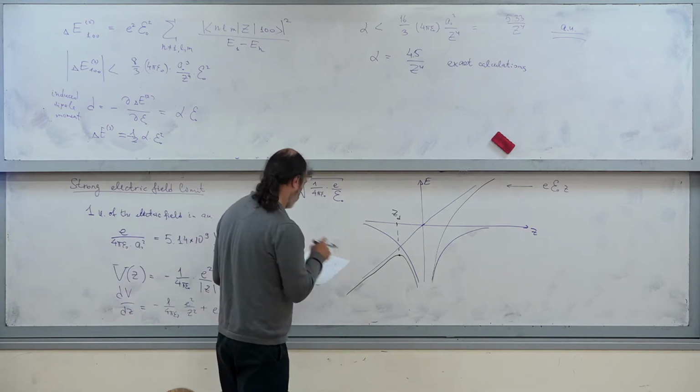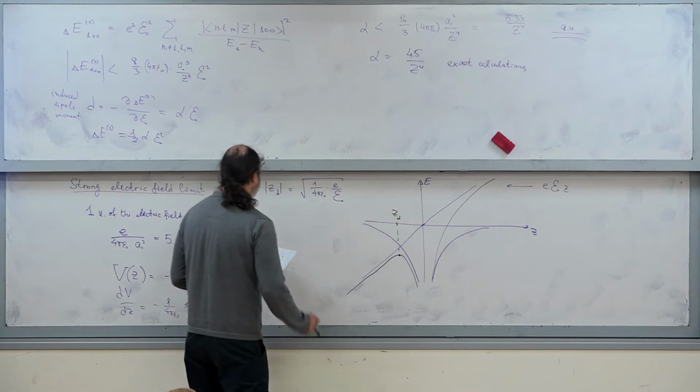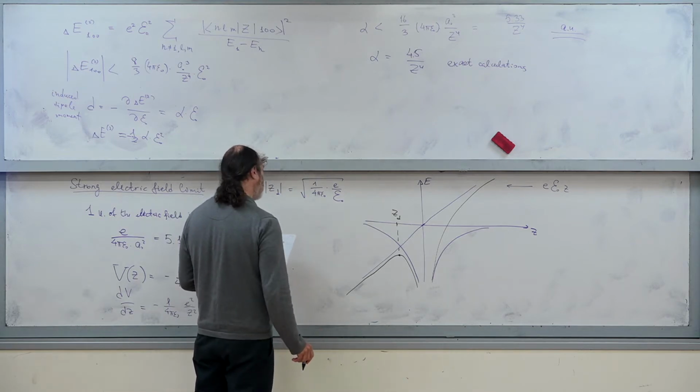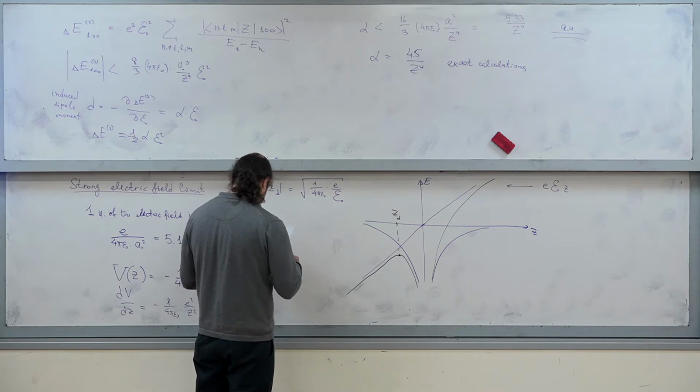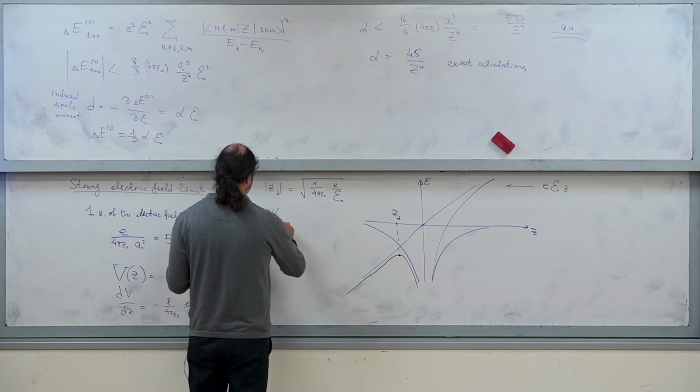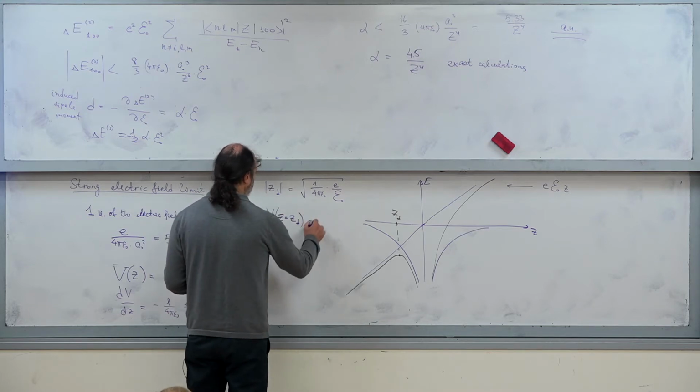Okay, now this is essentially the position. And now we can calculate the potential at this position, the potential at Z equal to ZD at the saddle point.